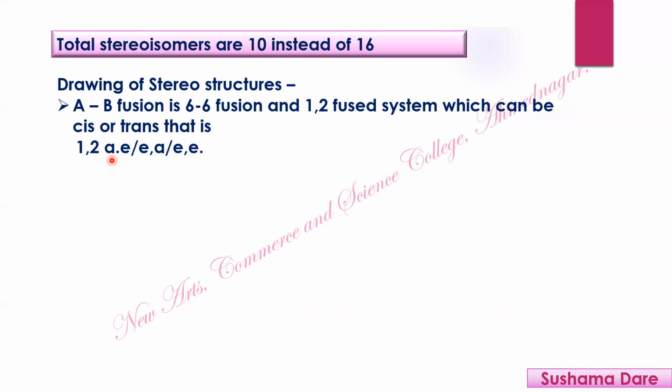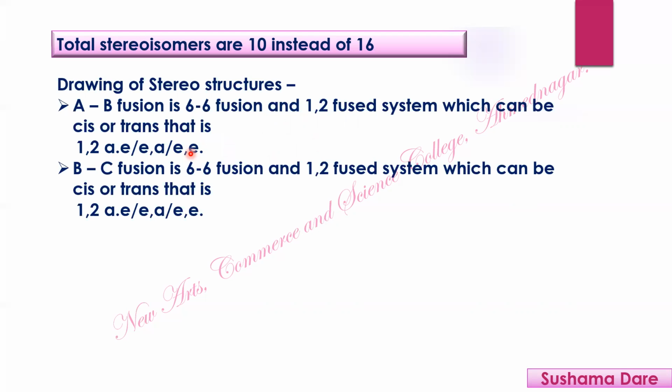So these different types of bonding are possible in a 1-2 fused system. Among them, AE and EA are a cis fusion, while EE is a trans fusion. Again, the BC fusion is a 6-6 fusion, and again it is a 1-2 fused system, which can be cis or trans. So the same fusion possibilities: 1-2 AE, EA, and EE.